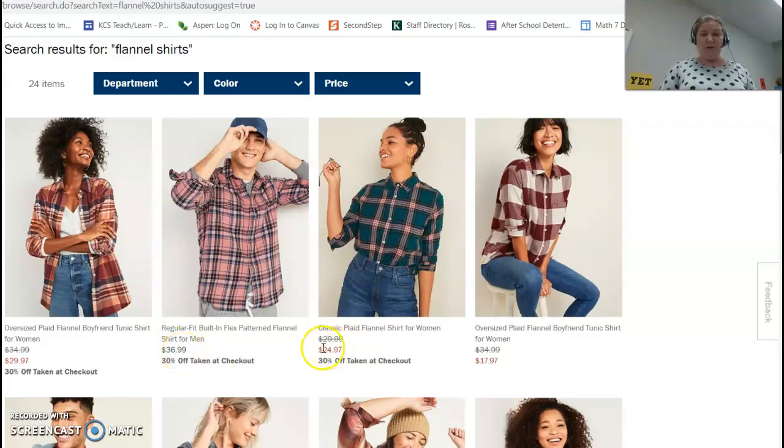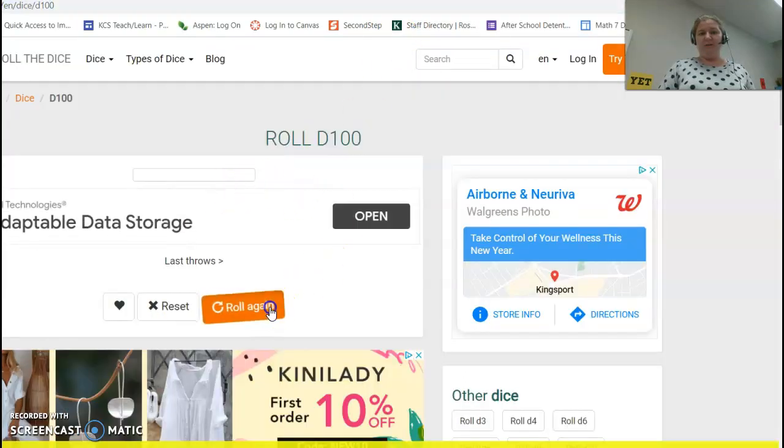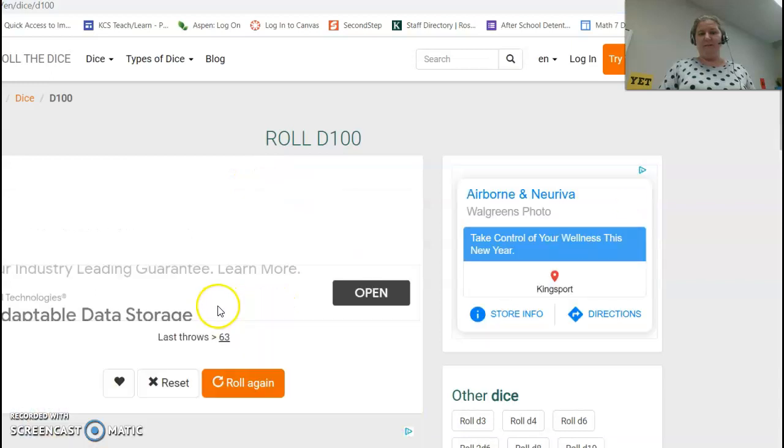But here, this is the sale price. This sale price is already listed. So what I would need to do is find out how much is the discount that's already been applied. But for this one, I could either use their 30% discount and calculate the new price, or if it didn't have a price that would be taken off, then I could use this dice.